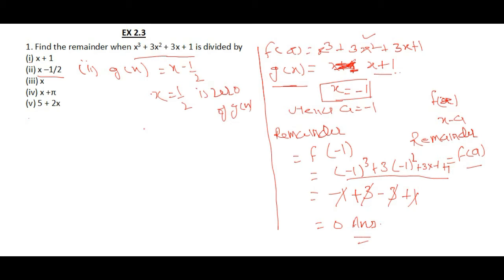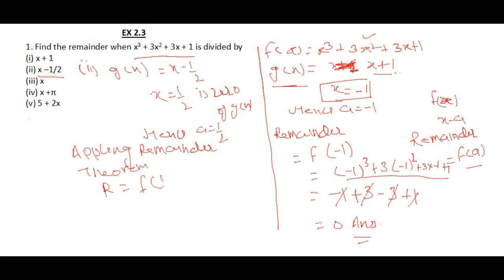So hence a is equal to 1 by 2. So how much will the remainder be? Applying the remainder theorem, the remainder is equal to f of 1 upon 2.